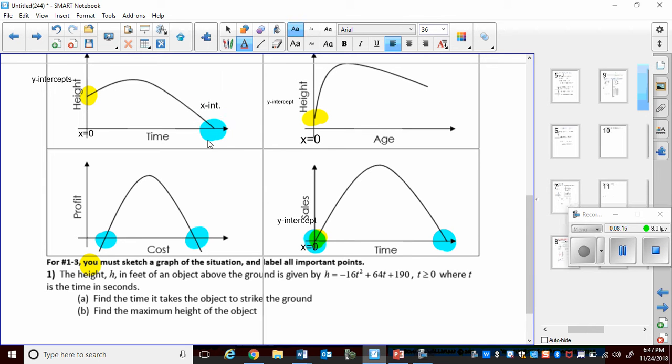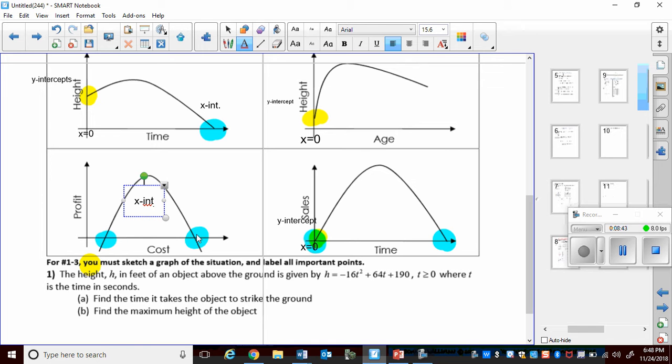The x-intercepts are a very key part of the information we're trying to get sometimes. For instance, let's look at the first graph. It looks like it starts off above where y equals 0, so it starts off in the air, and then it goes down to ground 0.